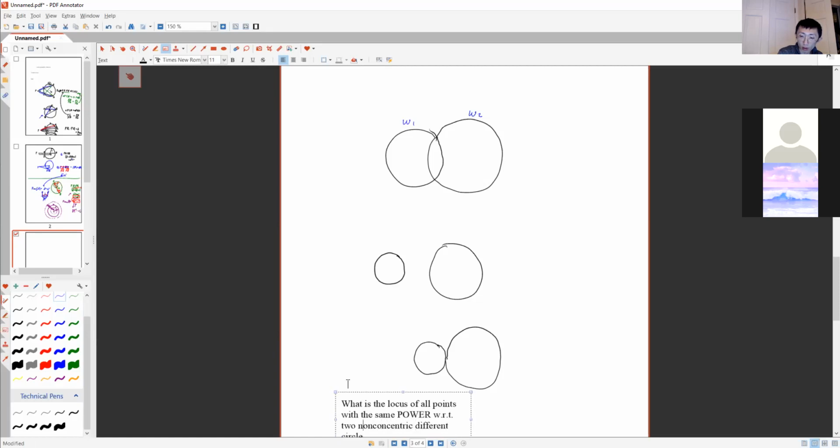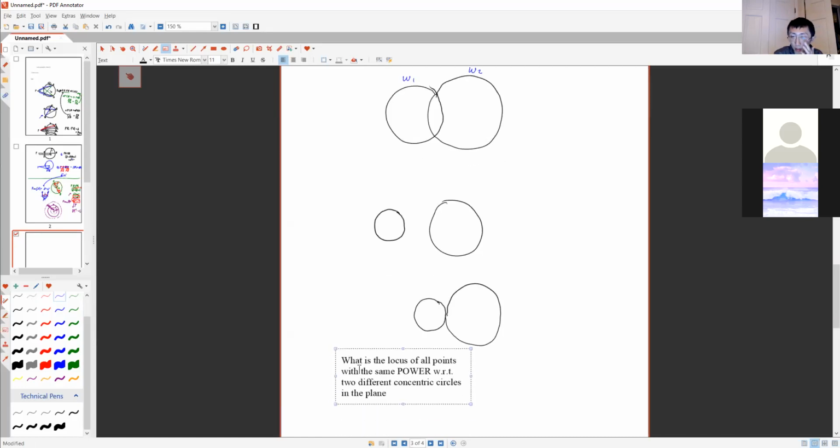Two different non-concentric circles in the plane. I guess it could be in 3D space too, but we won't worry about that for now.